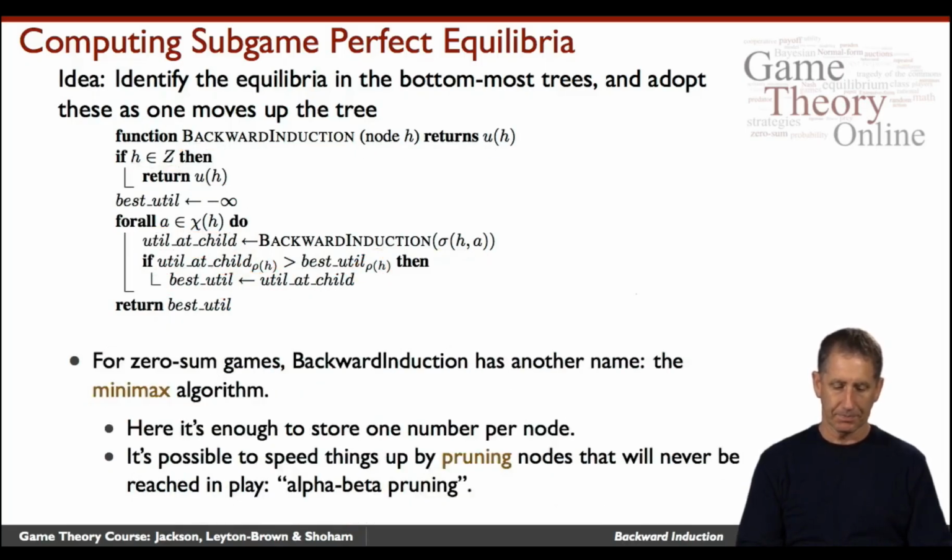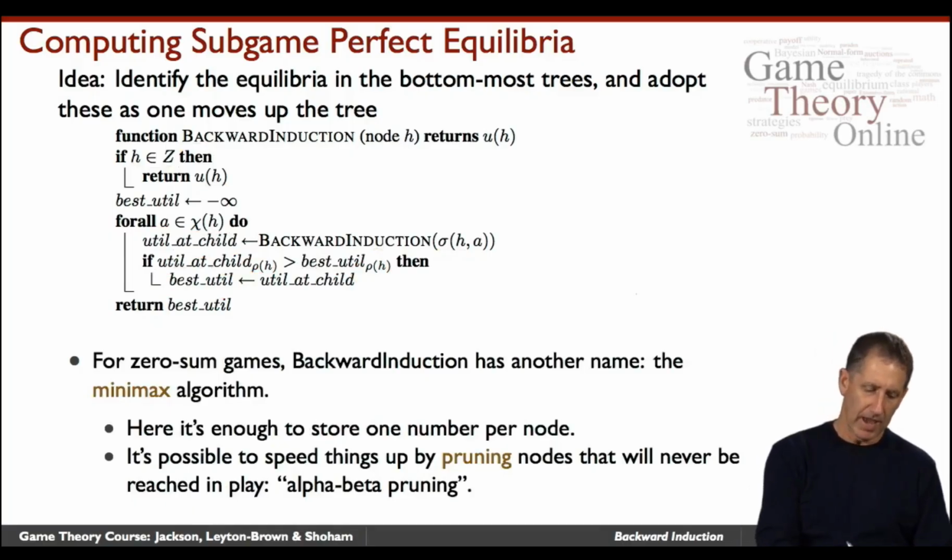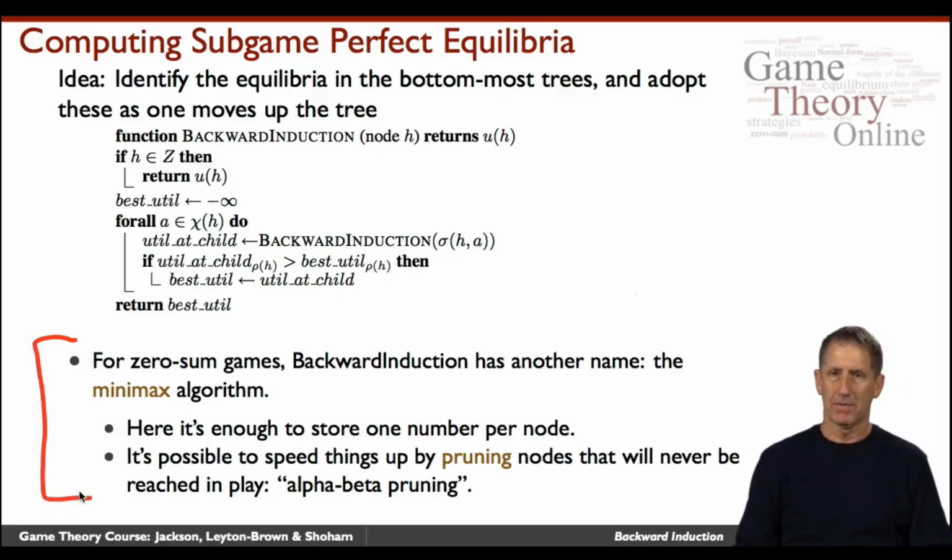And if we look at the special case of zero-sum games, it's simplified a little bit, because then there are only two players, and the payoff for one is minus the payoff to the other. So really, we only need to keep track of one number associated with each node, and so there's less bookkeeping to be done.